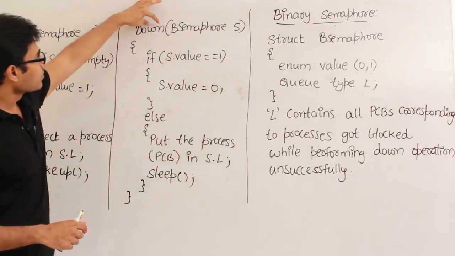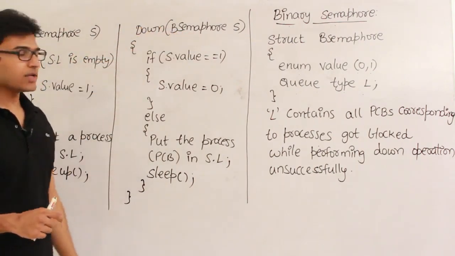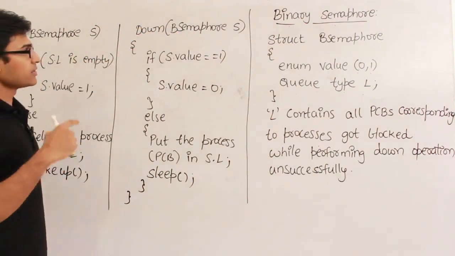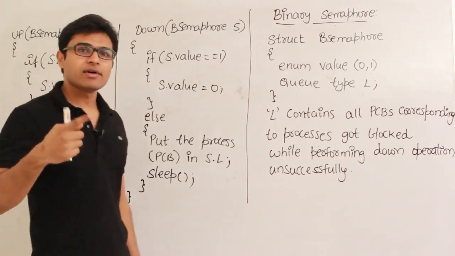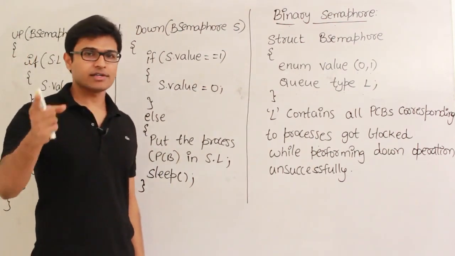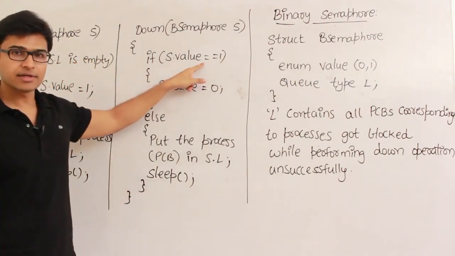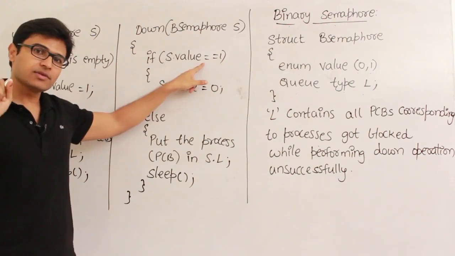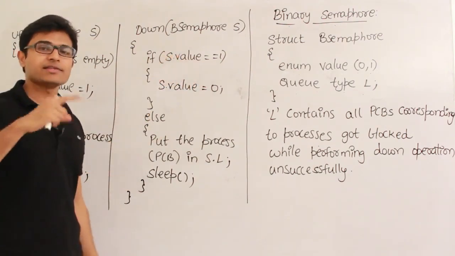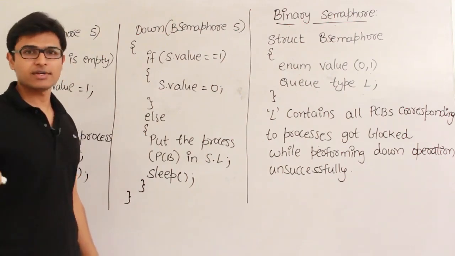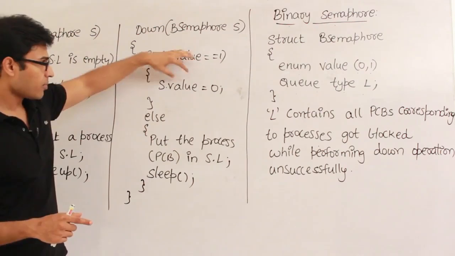And then let's see the down operation. Now when we try to do the down operation on binary semaphore S, if S dot value equal to 1, what does it mean? If the semaphore value is 1, it means that the semaphore is still available, or it means that no one has entered the critical section, right? The initial value of semaphore is 1, and now also it is still 1, so no one has entered it, or someone has entered it and that process has even left, therefore it is still available and you can perform a down operation successfully.